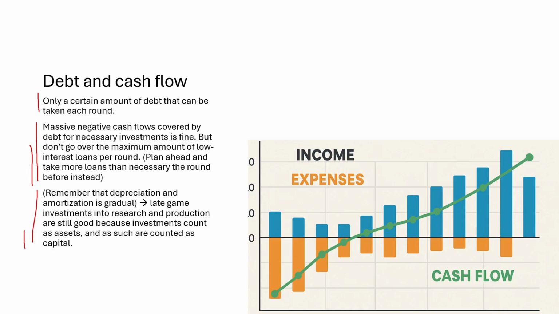And as such, they'll be counted as capital, which is the criteria that winning the game is based upon. So making investments that are not profitable over a 20 quarter period but give good profit for the last three quarters of the game is actually still a good decision to make if you're in the late game and there's just 3 quarters left, just as a side note.